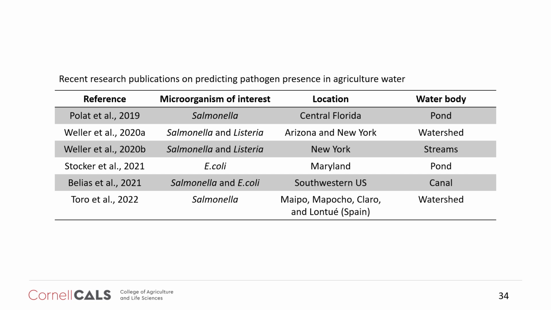In 2021, two papers were published to predict the prevalence of E. coli, as well as Salmonella and E. coli, in Maryland and southwestern U.S., respectively. In 2022, a model was developed in Spain for predicting Salmonella in watersheds.